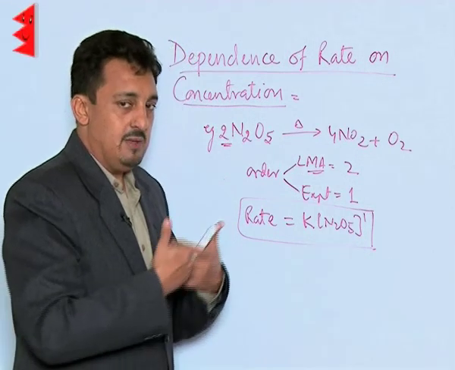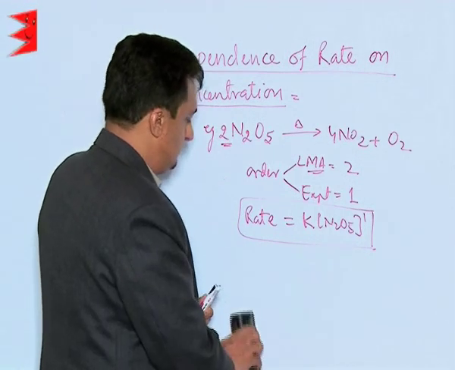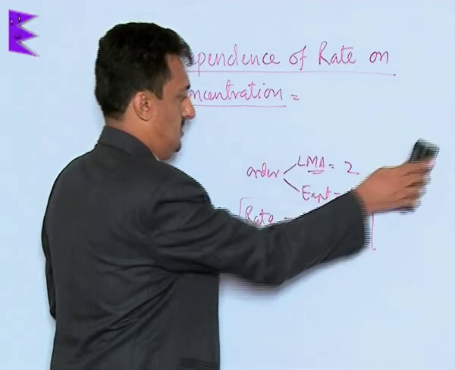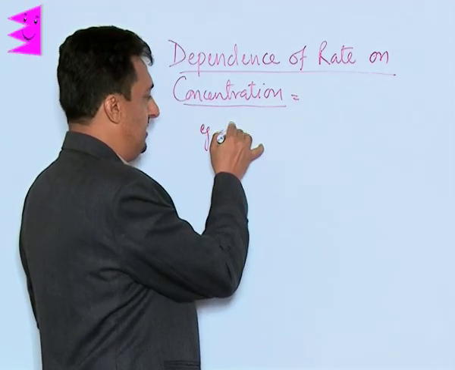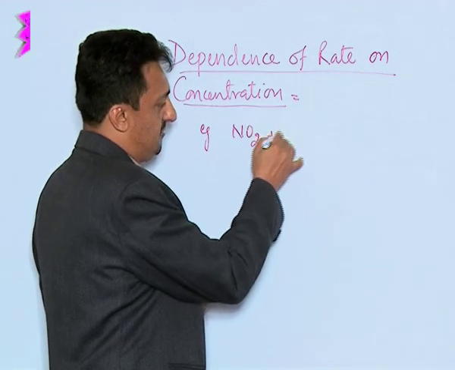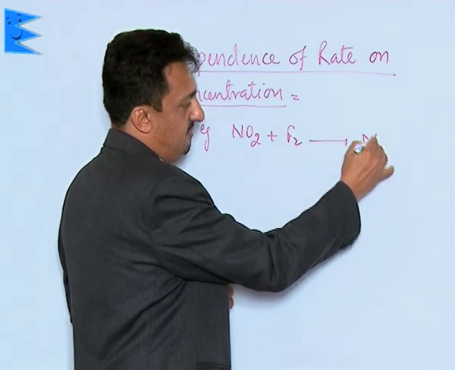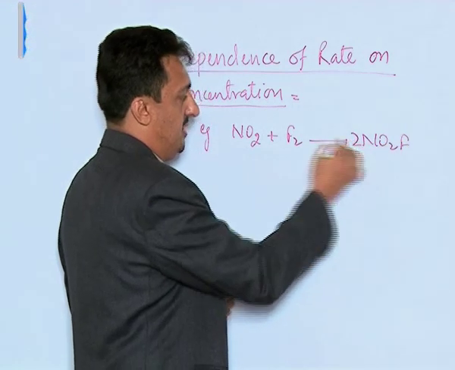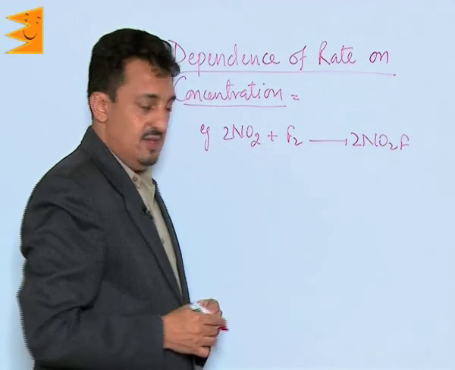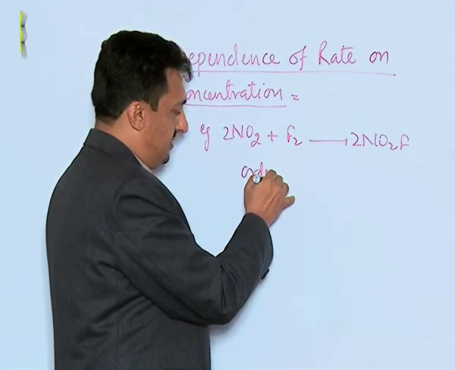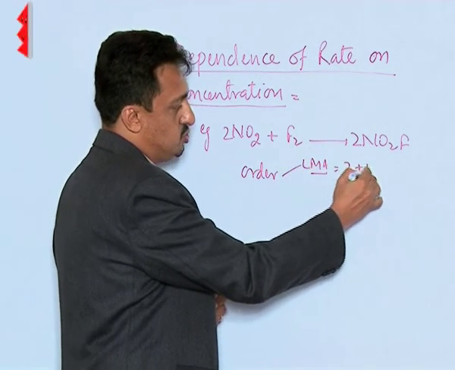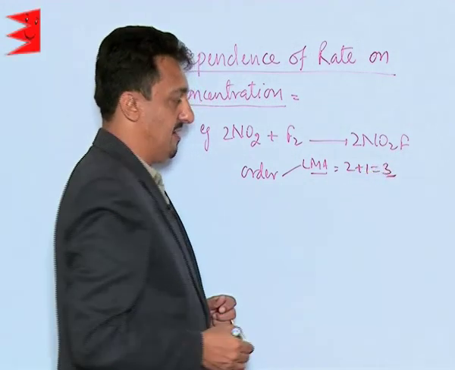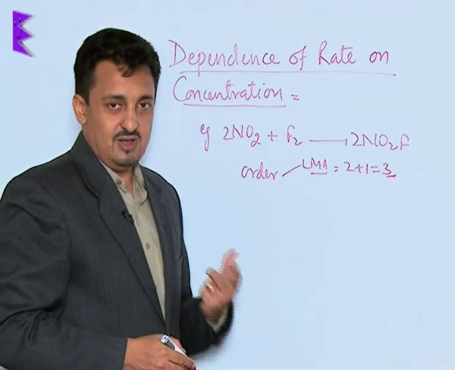Let us take one more example. When NO2 reacts with a fluorine molecule, we get NO2F, and this is how it can be balanced. The order of this reaction as per the stoichiometric values is 2 plus 1, which makes it order 3.